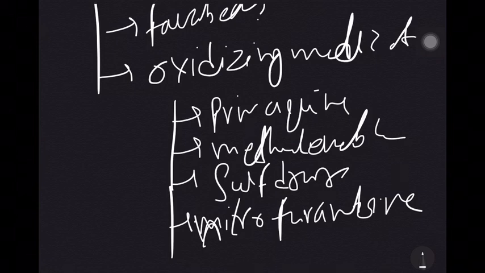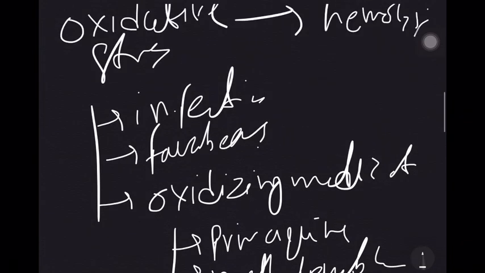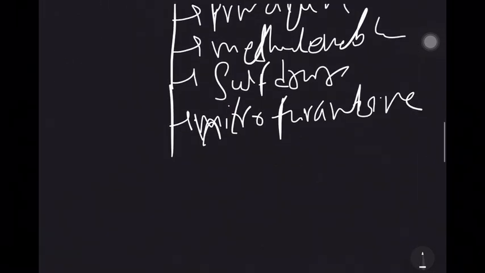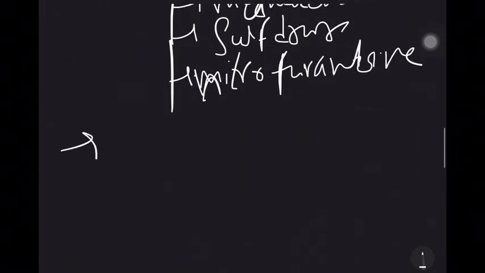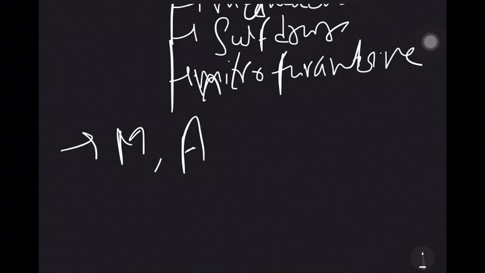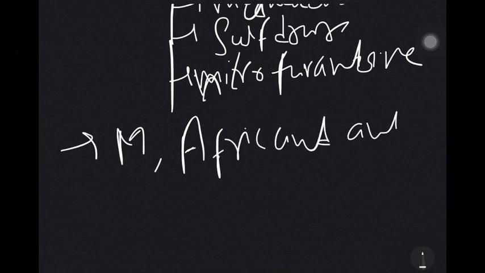So any exposure to infection, ingestion of fava beans, and oxidizing agents will trigger symptoms in this patient. Now one more important thing that you should know is that G6PD deficiency is more common in males, and also more common in people of African and Mediterranean origin.